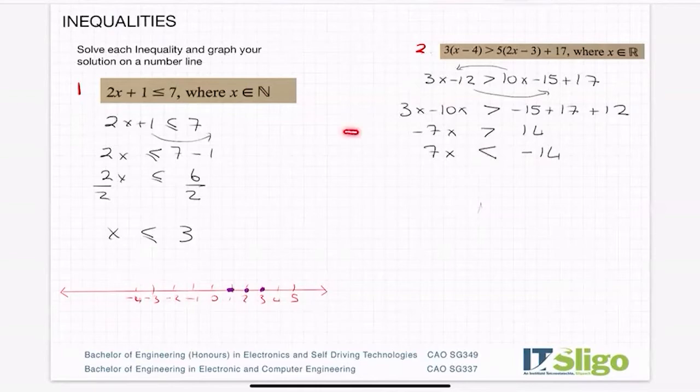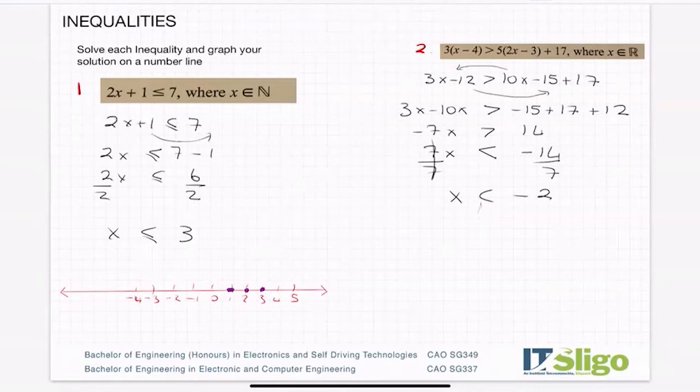So just to repeat that, change the signs all the way across, and I do that because I want to solve for x, not minus x. So that minus changes to a plus, this plus changes to a minus, and the direction of the inequality also has to change. And just like before, you divide by the number in front of x. So x is less than minus 2 is what I am getting here.